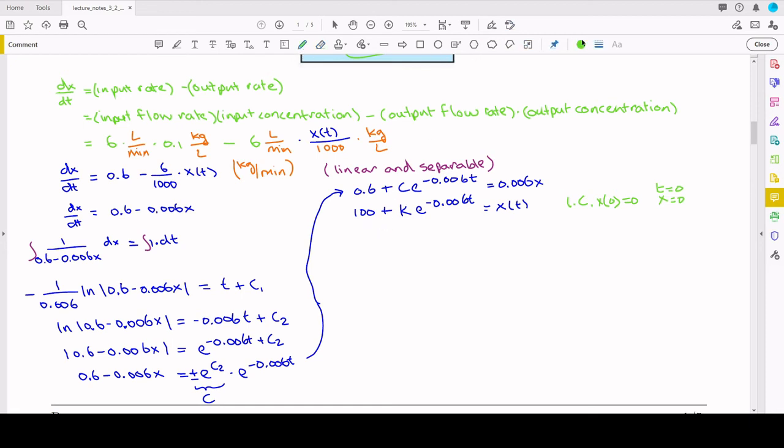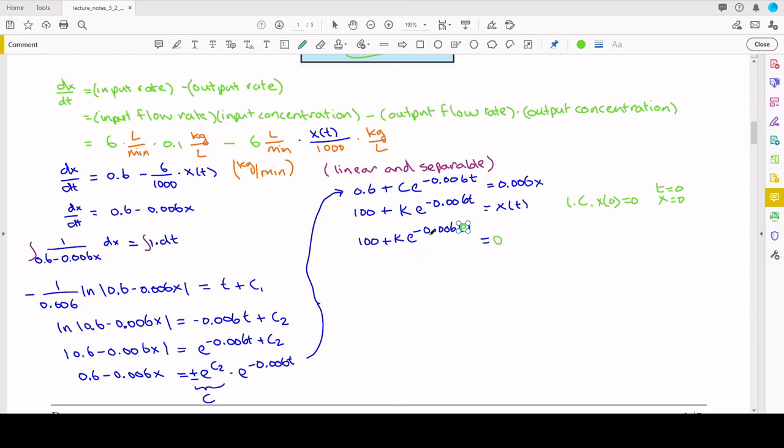you get 100 plus k times e to the power negative 0.006 times 0, right? That's the t. is equal to x of t, and x is 0. So we plug in 0 here and 0 here.